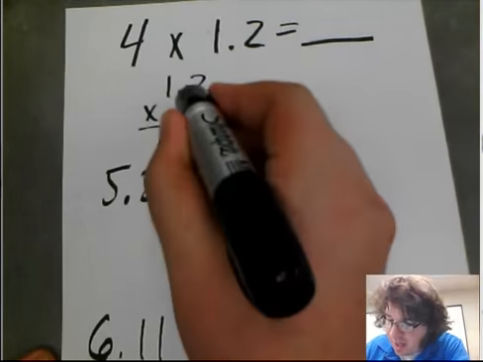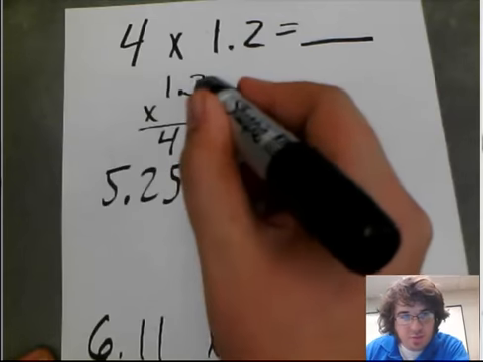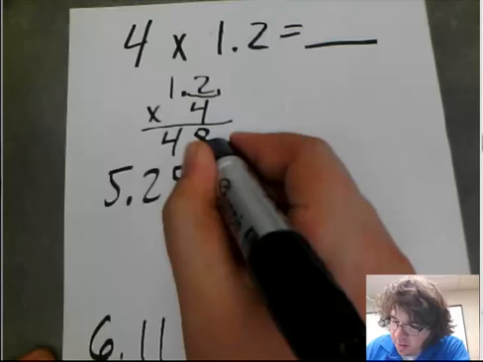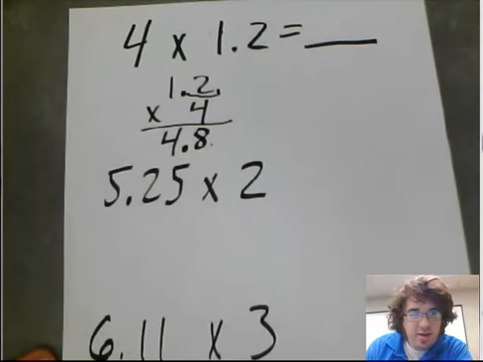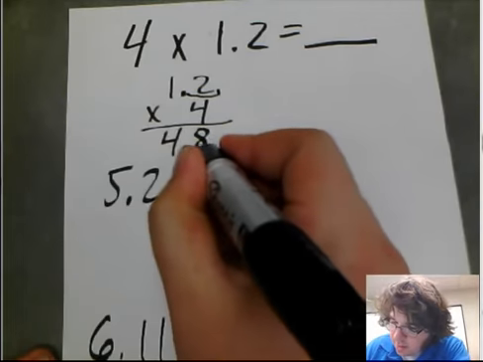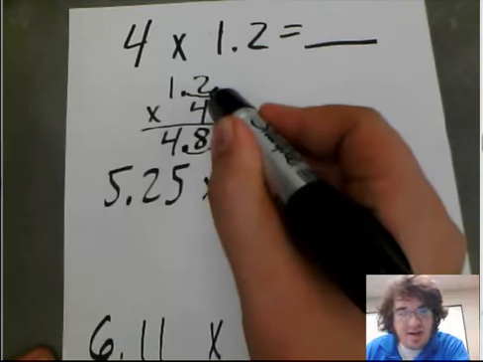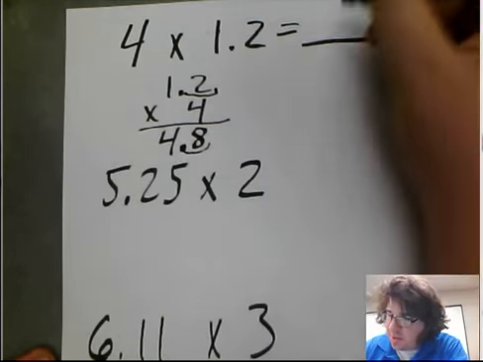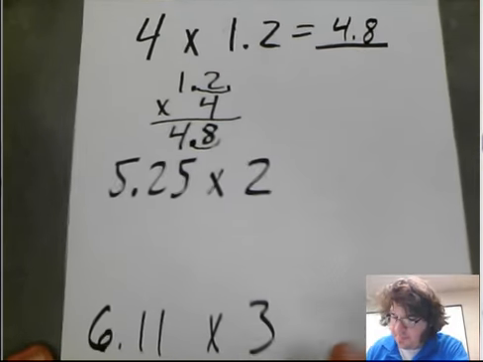I only have one digit after the decimal, the 1. So I move our decimal place over 1. Because there was one spot after the decimal, I move one spot over. So this equals 8.4.